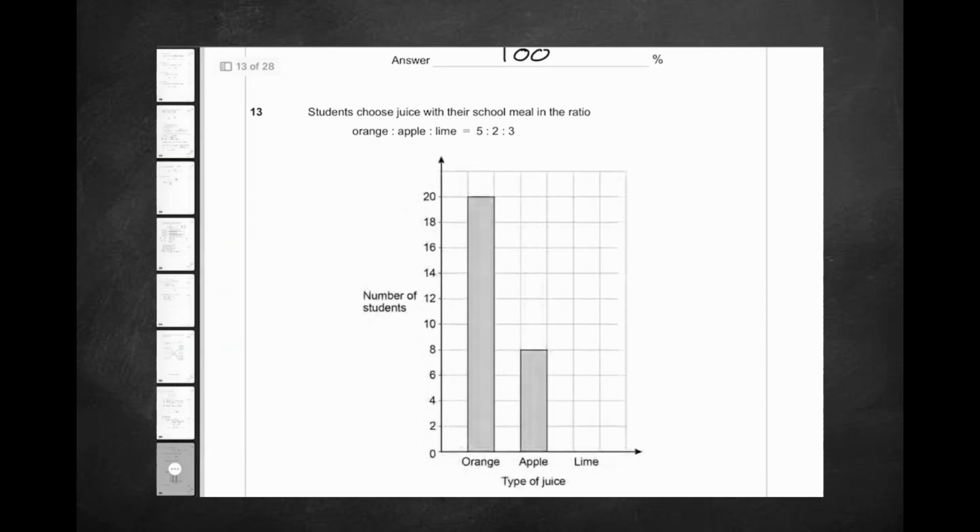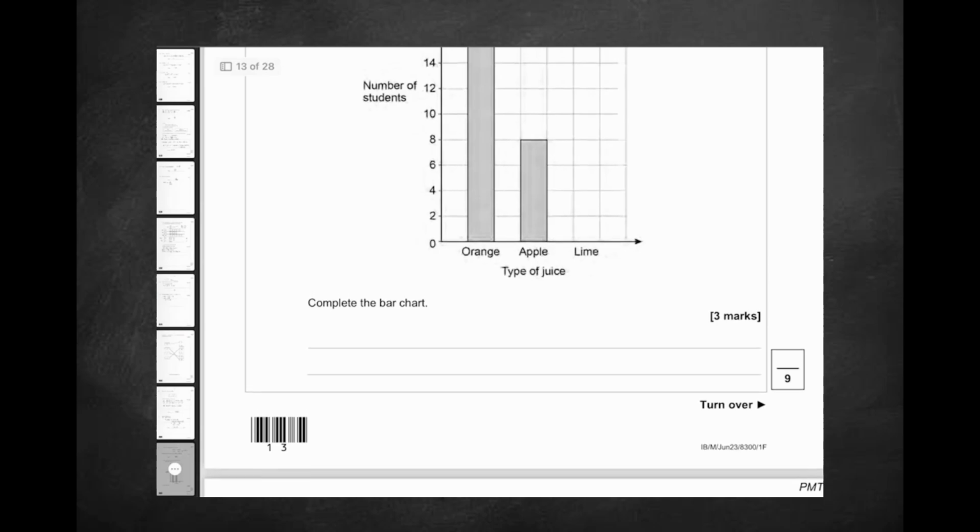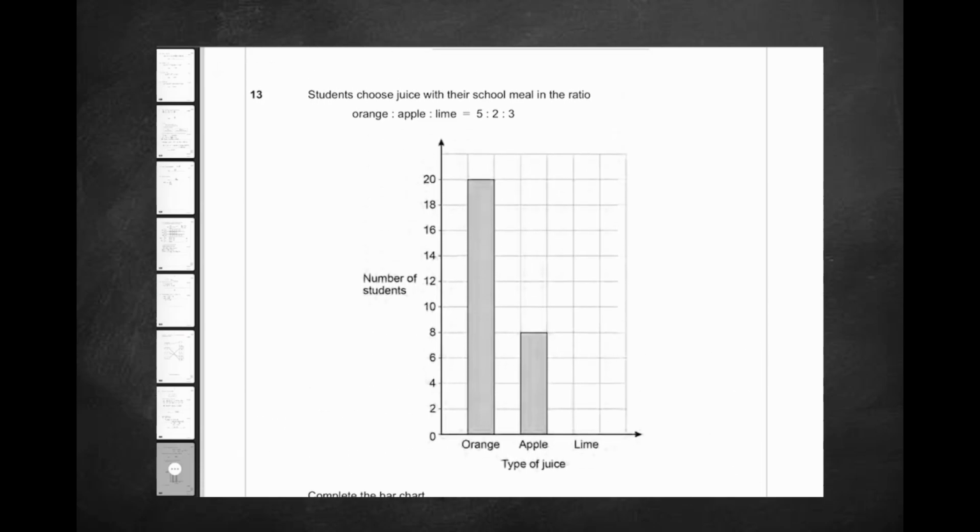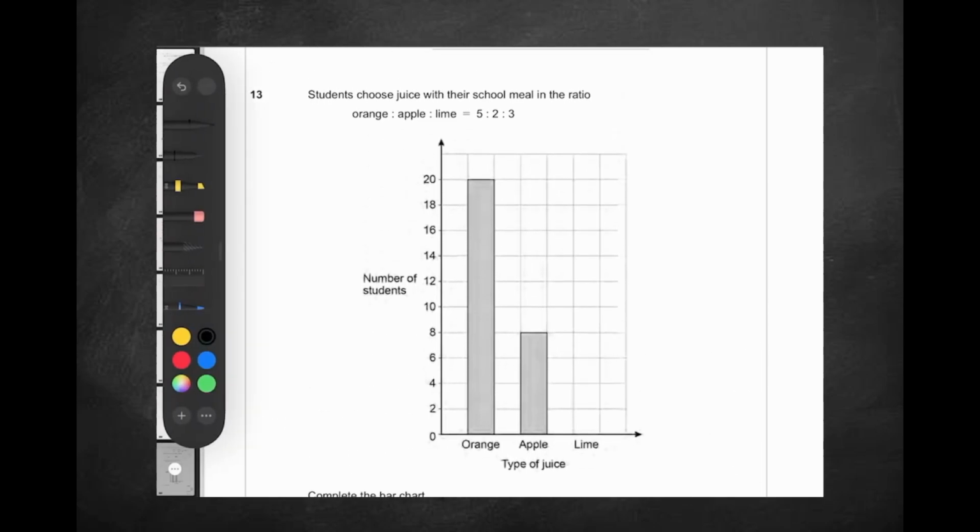Question 13. Students choose juice with their school meal in the ratio orange to apple to lime is 5 to 2 to 3. Complete the bar chart. So, orange is at 20, apple is at 8, which means we have a ratio of 20 to 8 to lime. But we already know it needs to be 5 to 2 to 3.